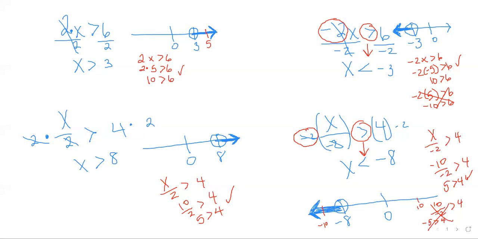Another thing to remember with inequalities: open circles are for greater than or less than. Closed circles, which means that value is also part of the solution set, would be greater than or equal to, less than or equal to.